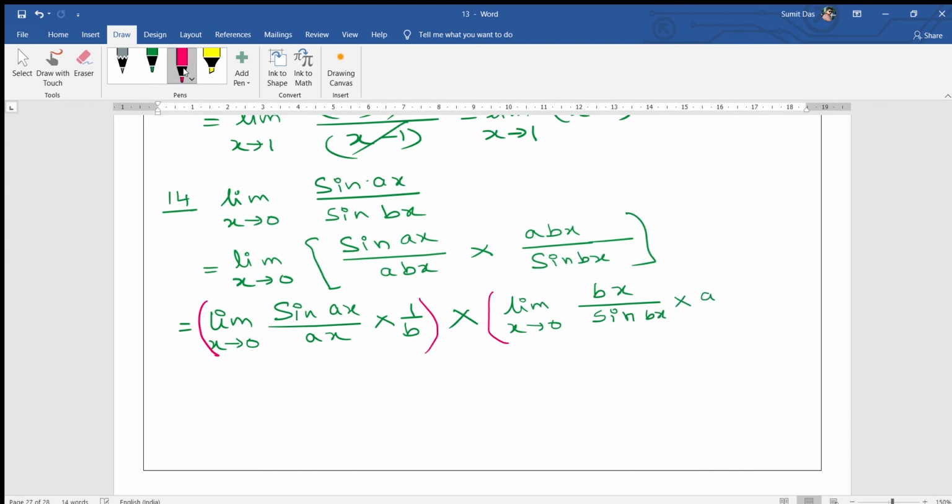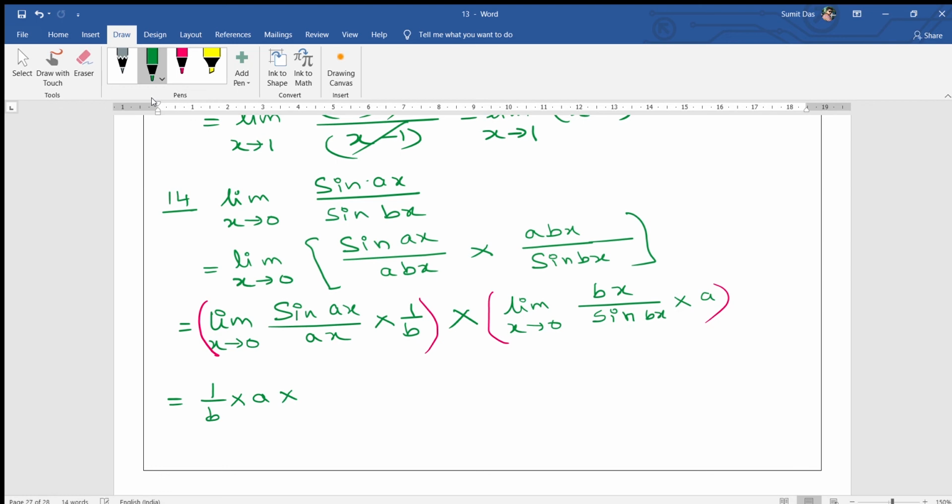Next line, I can take all the constants outside. If you take the constants outside, from here 1 by b will come out, and from there 1 by a will come out.